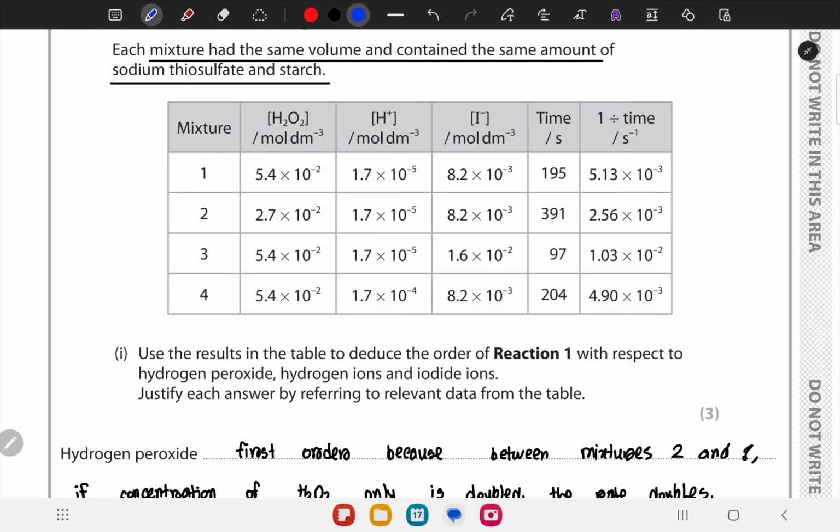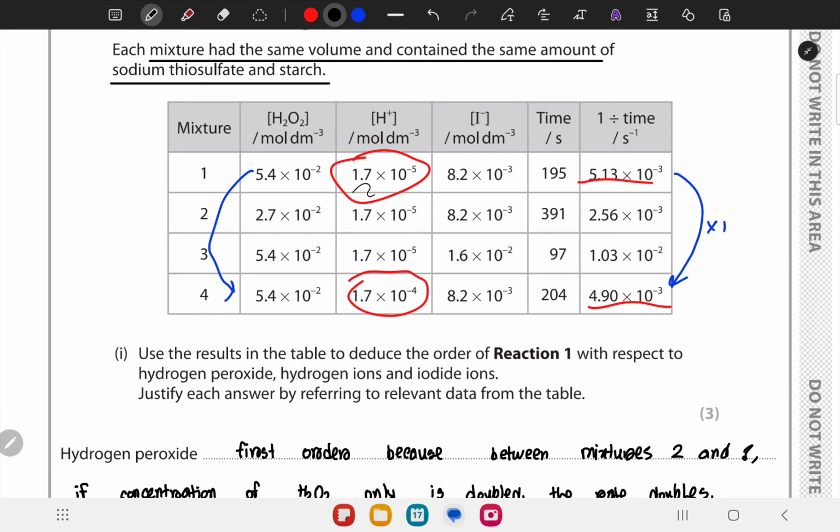Now for the hydrogen ions, we can consider mixtures 1 and 4 directly as well without using other stuff. In between 1 and 4, this remains the same, this remains the same. The change is only in the hydrogen ion concentration. The rate of reaction almost remains the same, so from this to this, the change is 0.955, so basically 1.